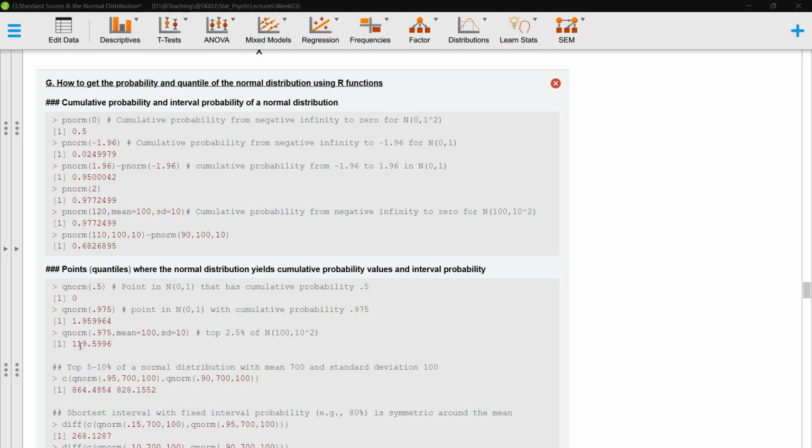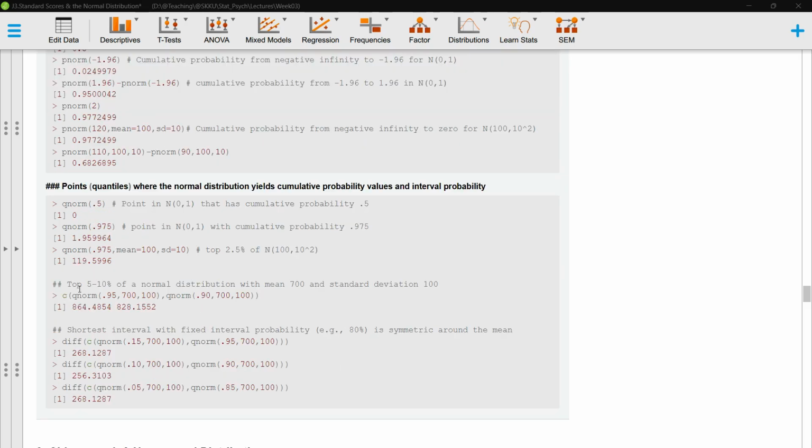And it will be 1.96 times this number. So we can get these numbers easily by using this function, and you can practice it in the classroom practice. Okay. For the remaining part, let's skip this part and leave it as an activity in the classroom.